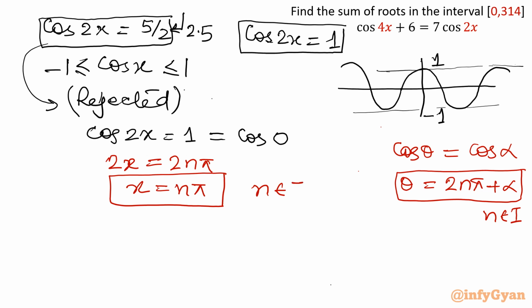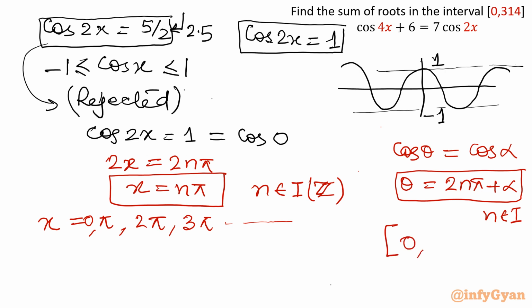Now let's put a few values. N belongs to integer, you can write I or Z also. Let me put n equal to 0, so 0; n equal to 1, pi; n equal to 2, 2 pi; 3 pi, and so on. There are infinite solutions because the function's range is minus 1 to 1 and domain is minus infinity to infinity. But one restriction is there: your domain is now defined, starting from 0 up to 314.